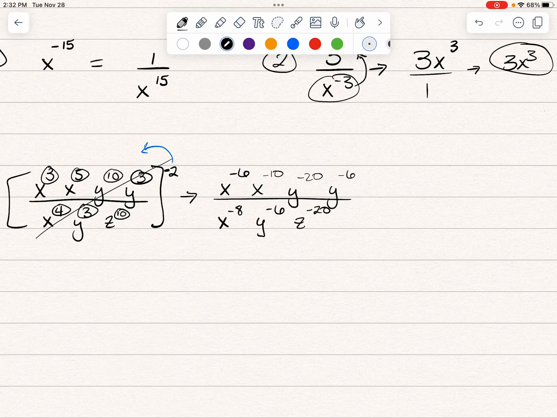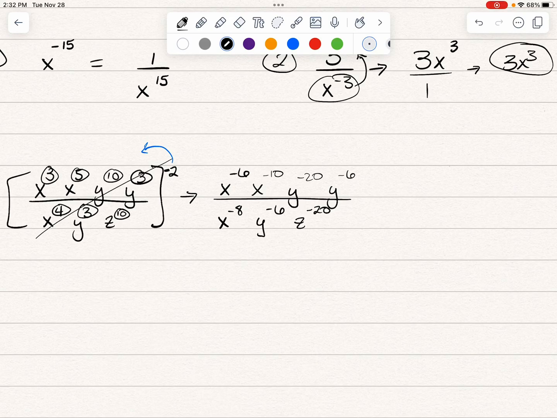And now we are going to go through and use one of our other rules. I would like to try to simplify the top and then do the quotient rule last if possible. So we're going to add our exponents together.